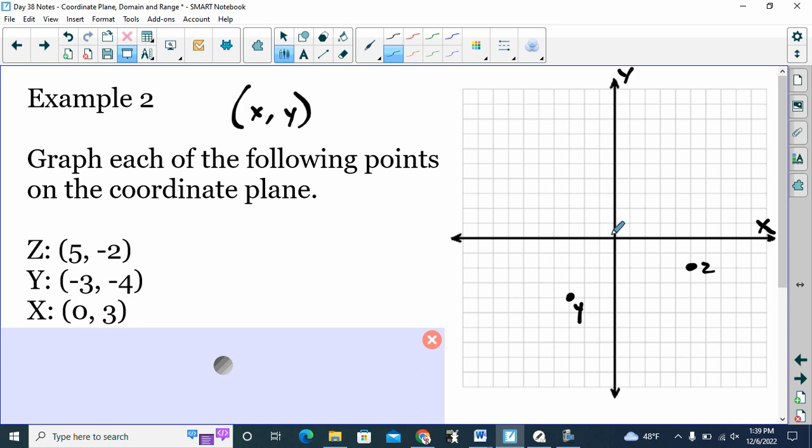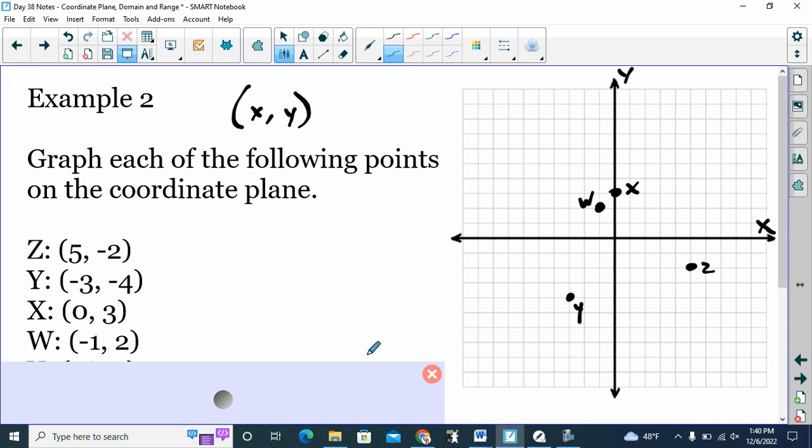0, 3. My x is 0. I'm not going side to side at all. My y is 3. -1, 2. X is -1. Y is +2. -6, 0.